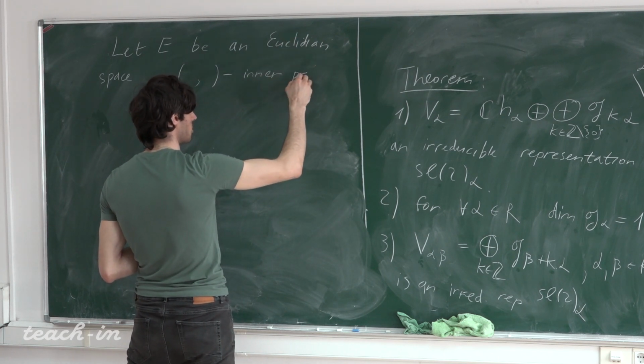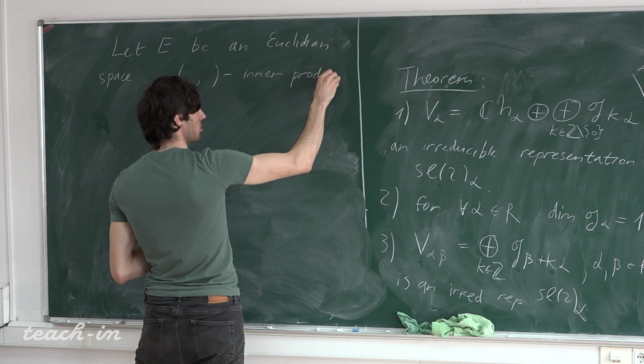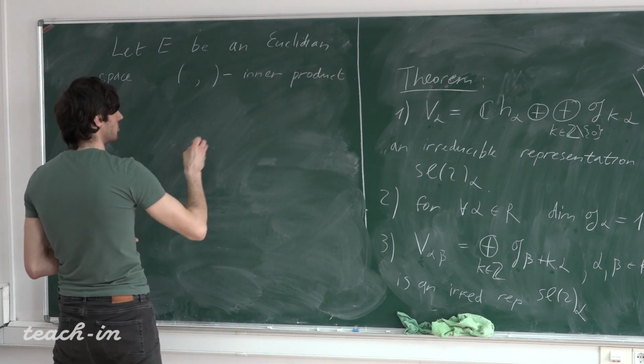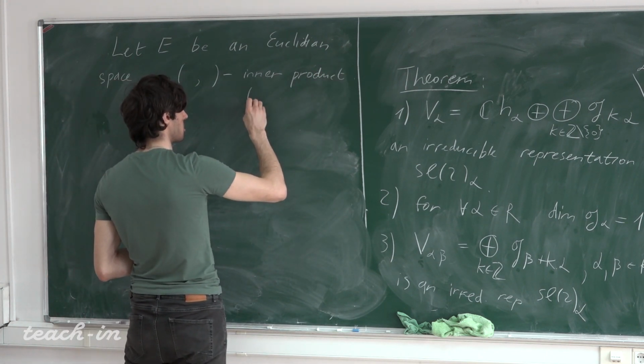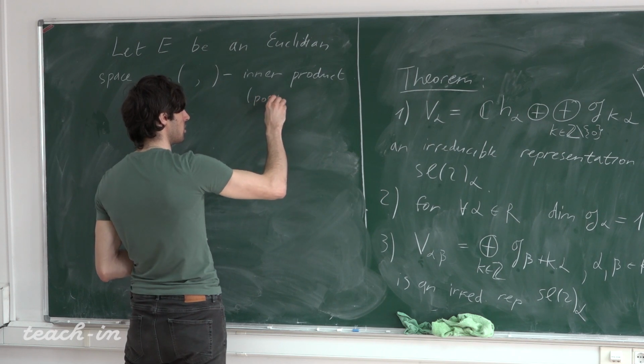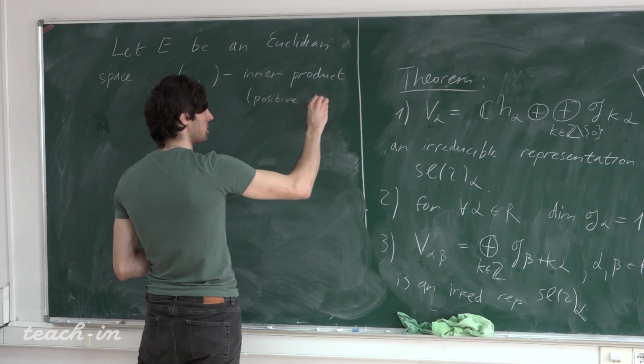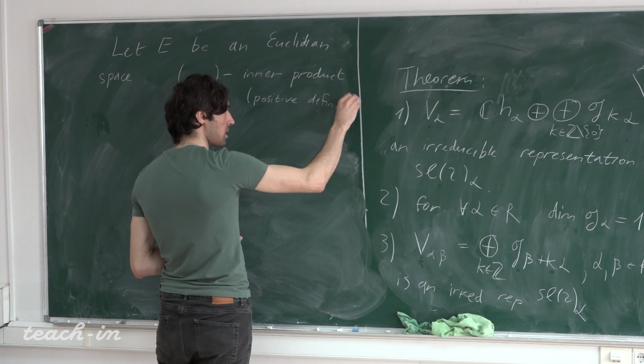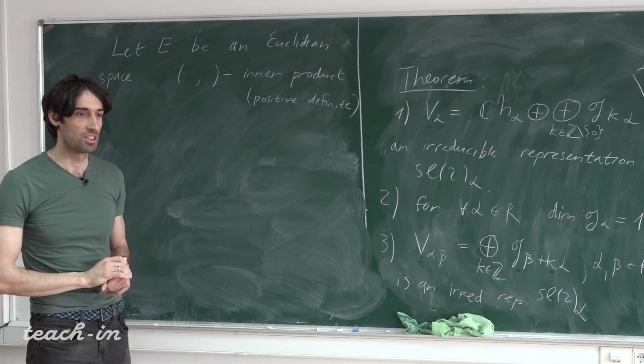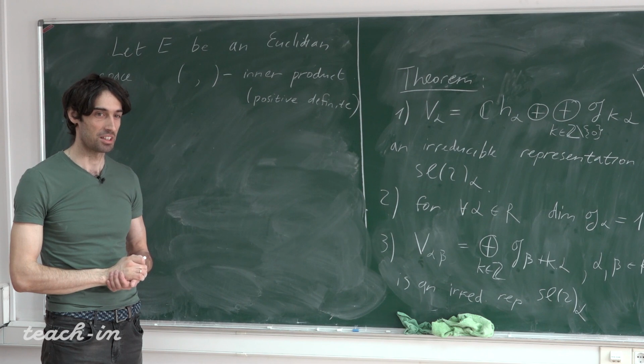When I say Euclidean, I fix inner product. So it means it's positive definite. But when I say positive, it means that I restrict myself to reals, right? First of all.